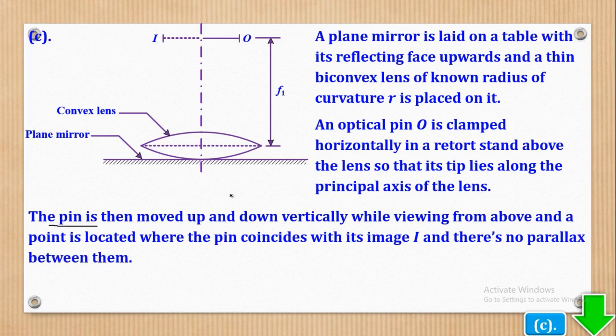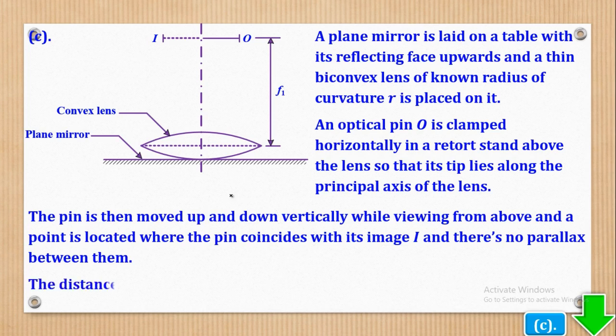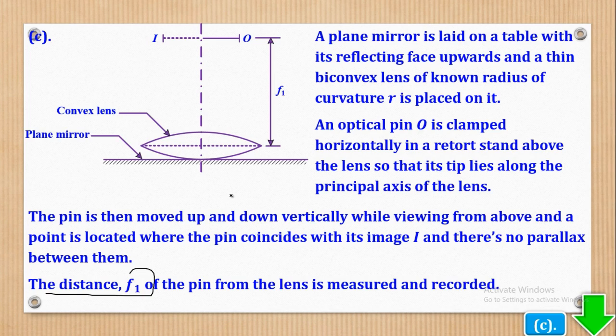The pin is then moved up and down vertically while viewing from above, and a point is located where the pin coincides with its image, and there is no parallax between them. So this word parallax is needed, and this word coincides is needed. The distance f1 of the pin from the lens is measured and recorded.